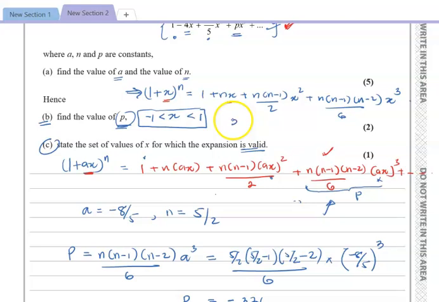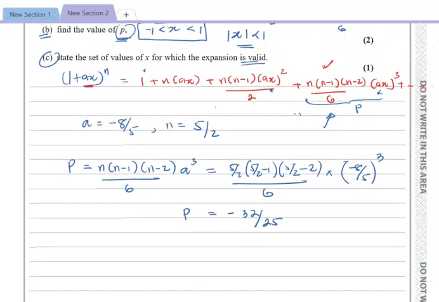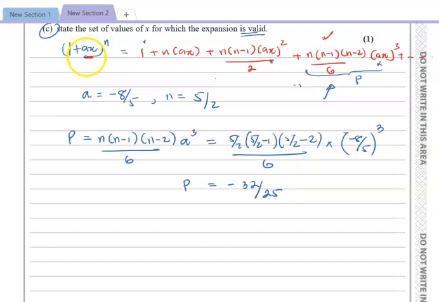Or sometimes it is written as the modulus of x is less than 1. That means if we compare that with what we have just expanded, 1 plus ax, in this case our x value is ax. That means our ax should be between -1 and 1.